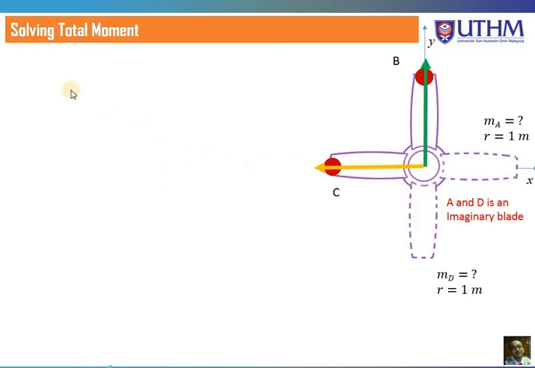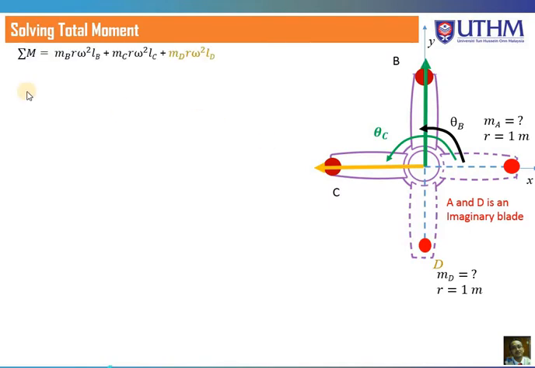So we need to solve the total moment equation first. Given this is the degree of B, referring to the x-axis, this is the degree of C. This is an imaginary blade. What we do is solve the total moment equation first.